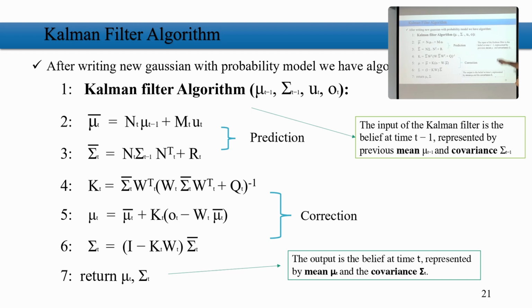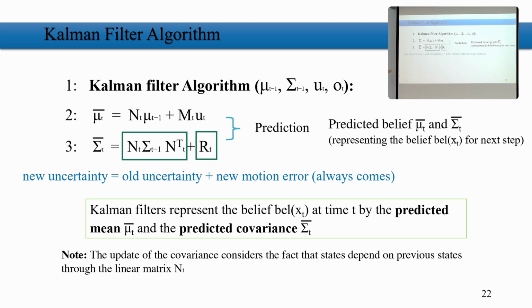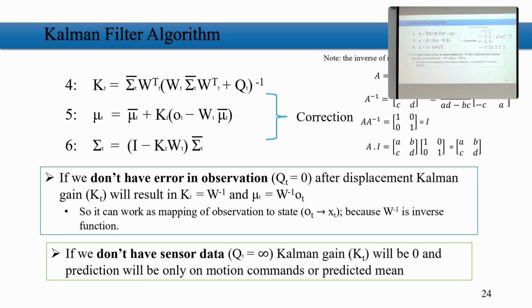That's it. This was the whole structure of the Kalman filter. Last week we discussed it. I'm not going to go into detail again. We saw some notes, for example, how the correction and the matrix operation can be done. Here I showed that if we don't have error in observation, it means that Qt is equal to 0. What was Qt?